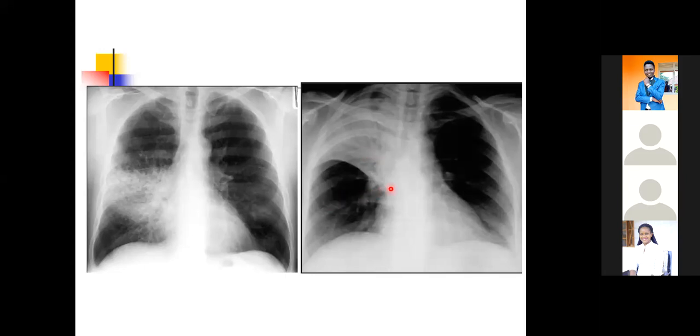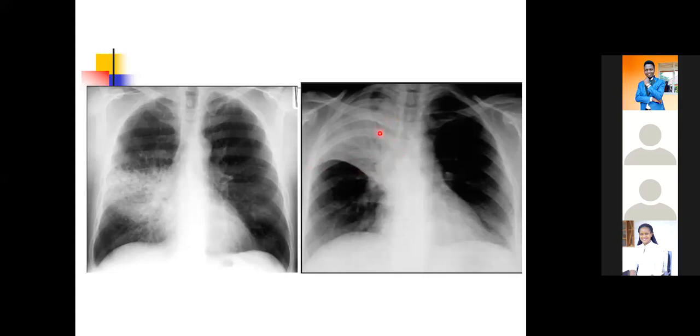This outline that we're seeing here, which is very clear now, is demarcating for us the horizontal or the minor fissure. So we have this opacity in the right upper zone having a silhouette sign with the superior mediastinal border on the right, and it is limited inferiorly by the horizontal or the minor fissure.